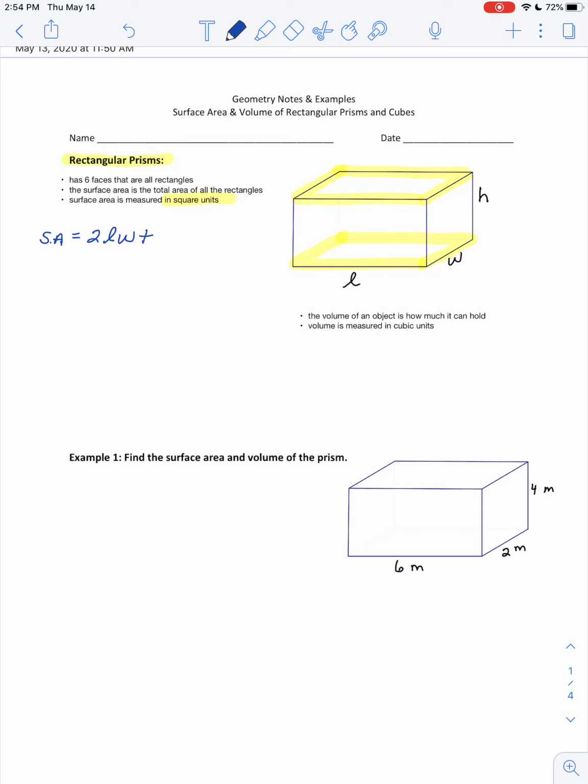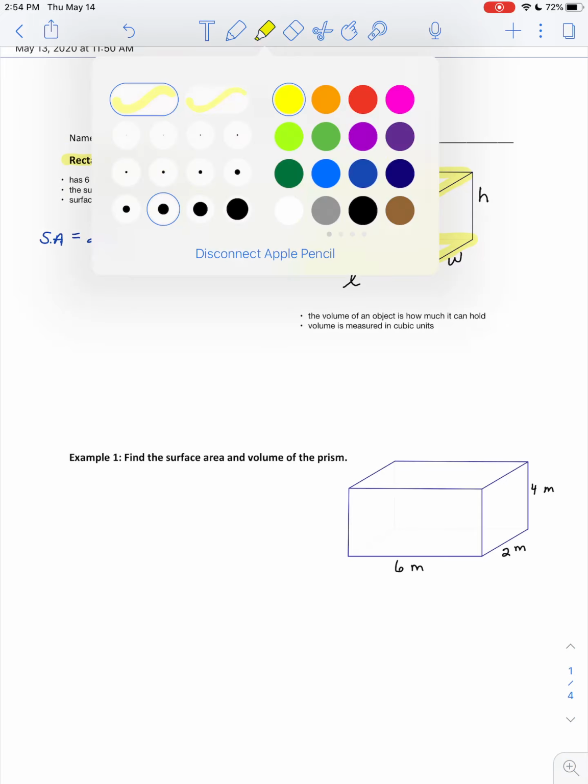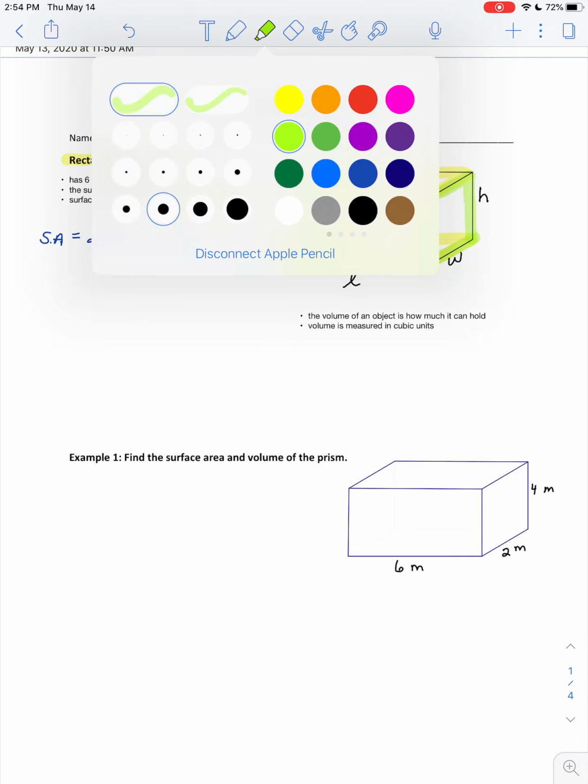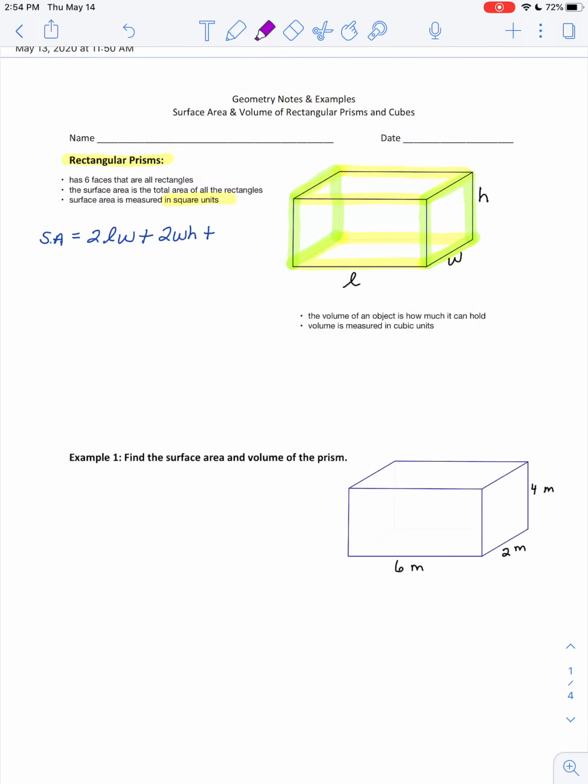Now let's look at the sides. On the right side here, this rectangle has dimensions W times H, width times height. And the congruent rectangle on the left side also has dimensions W and H. So together, those two areas combined would be 2WH. And then to finish up, we just need the areas of the front and back of this rectangle.